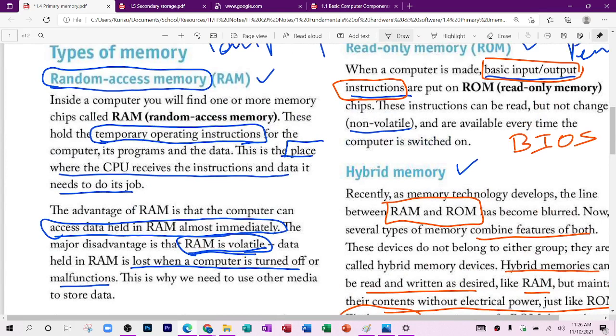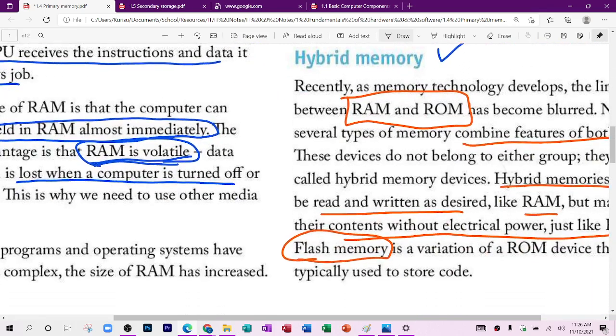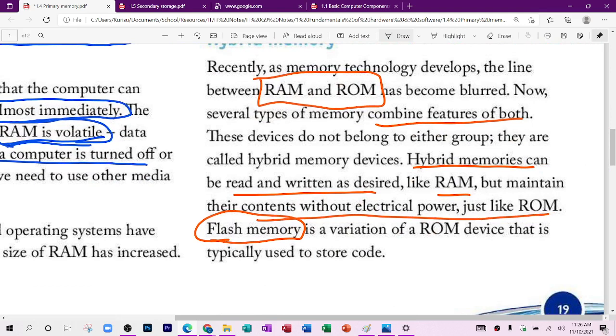Once you lose power, you can't get any more data. But you can read and write the data to RAM anytime you want. That's this part here. This line here, you can read and write data as desired whenever you want to. That is the advantage of RAM.